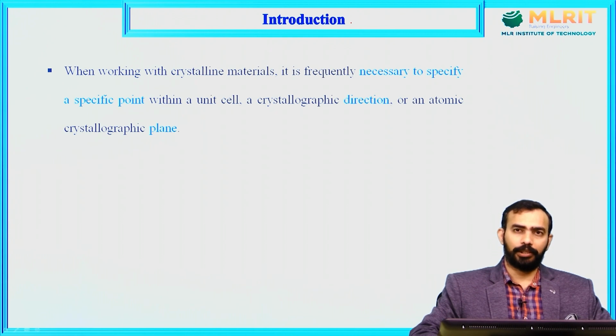As we have studied, the properties of most metallic materials depend on the crystal structure as well. Some of the properties that are majorly dependent on crystalline structure, and how they influence the properties of the material, we have discussed in our previous classes.